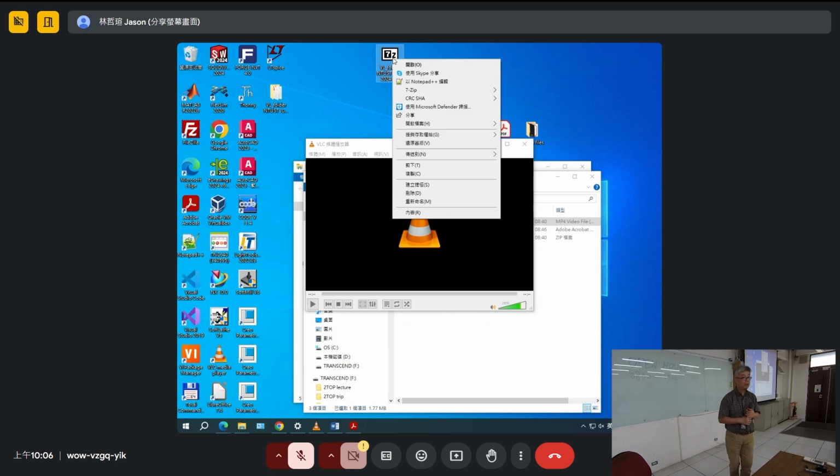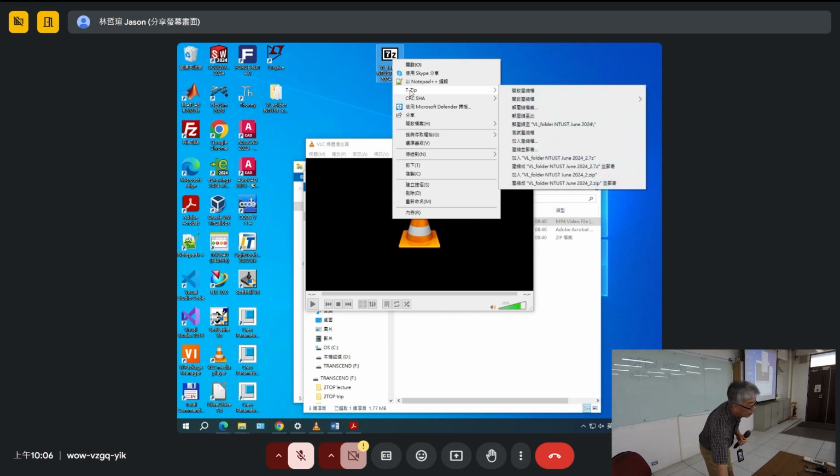To unzip the file, you right click, and come down to 7-zip, then this one here, video folder NTUSD June 2024. Then you select that one, then at the end, you select this one, good. Then this will create another folder, an unzipped folder that looks like this. Are we here?